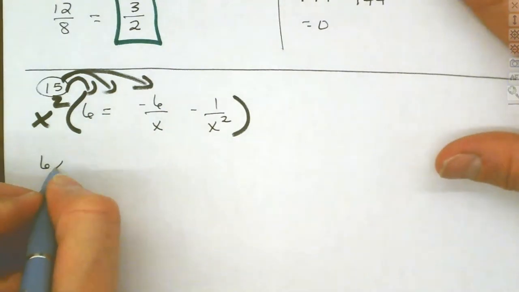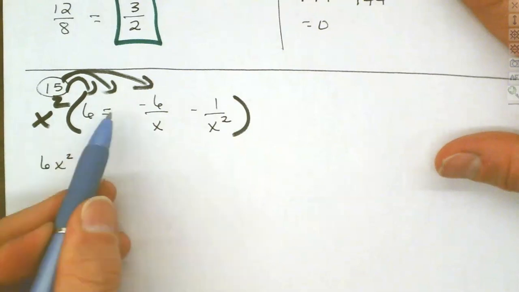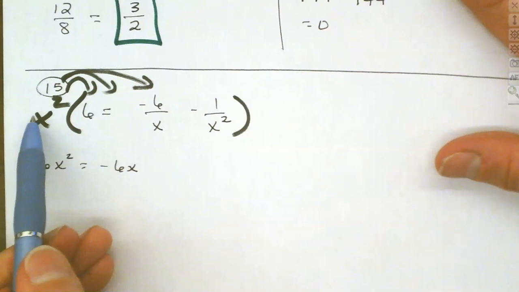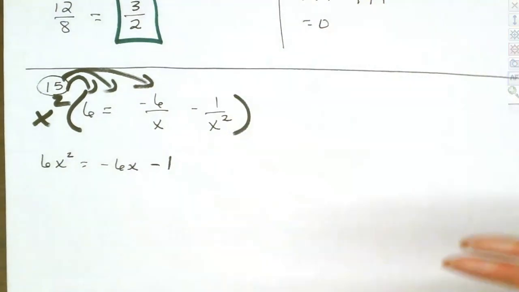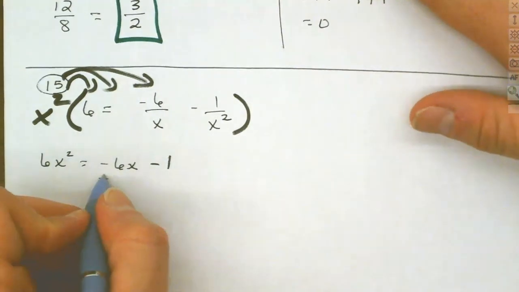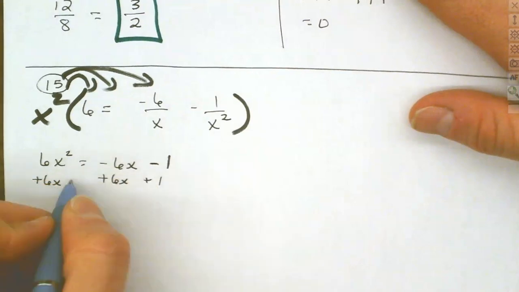So now we've got 6x squared, the x squared and the x cancel. That leaves you with a minus 6. The x squareds directly cancel, and that leaves you with a minus 1. Fractions are gone. This needs to be set to 0. So add the 6x over and add the 1.